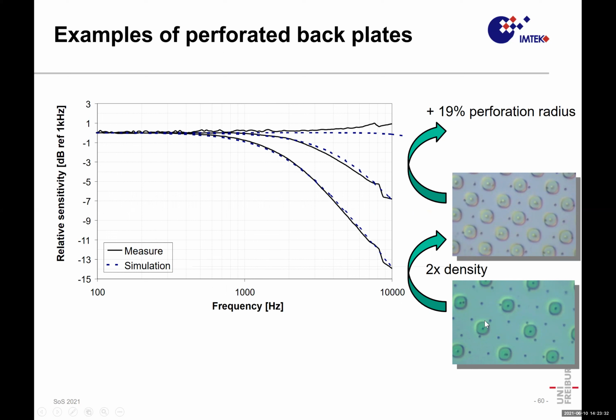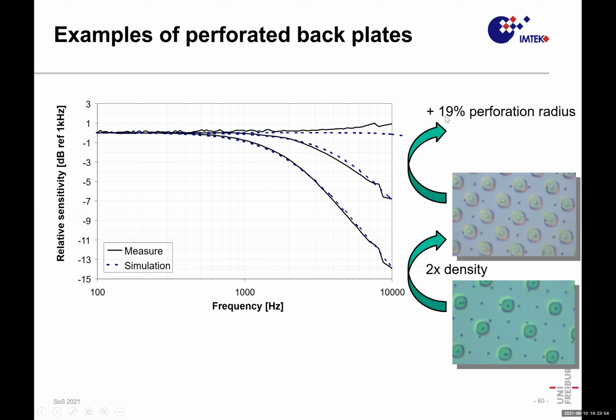That was the holes. If you look from the top side through the membrane, you see the holes. Low density, but a certain diameter. If you increase the density, you increase the bandwidth. We see here that this is the situation: 2 times the density is increasing a lot. But we did not change the diameter, and we had only a linear effect.